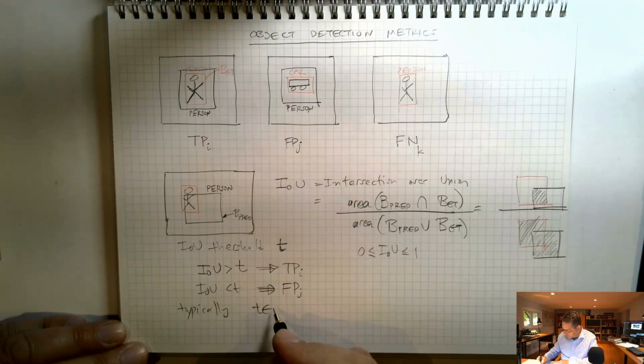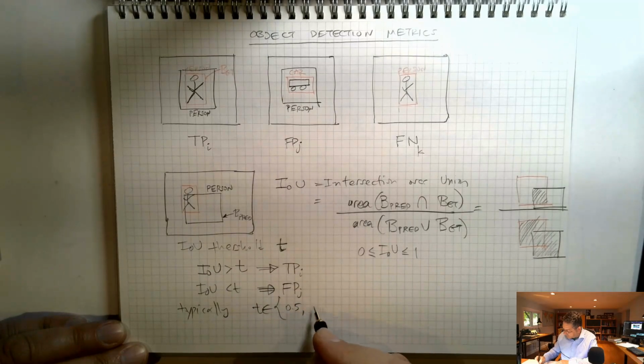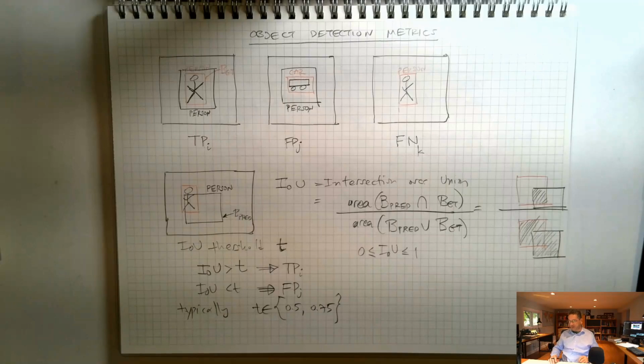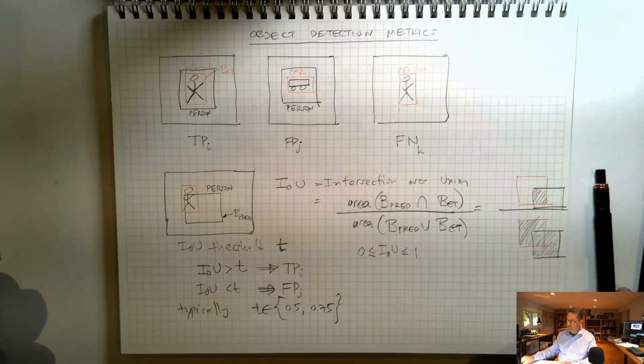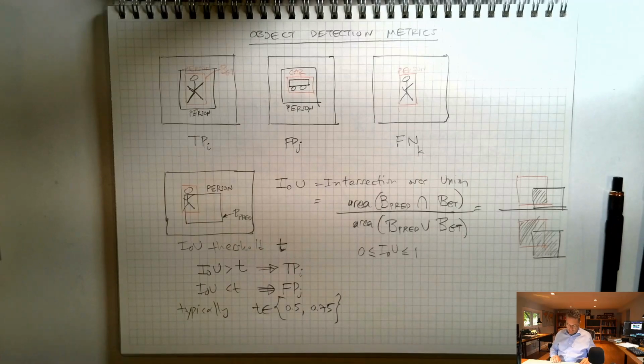Typical values for the threshold are, let's say, 0.5 and 0.75. That's of course going to be specified by the benchmark in the corresponding data set. And we will need to do the evaluation based on those threshold values and report them. Then we have a common ground with respect to how good the predictor is at placing the bounding box very close to the ground truth.